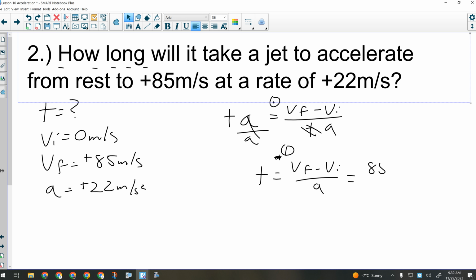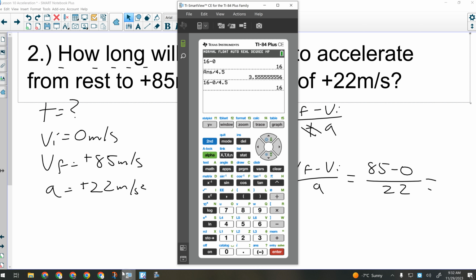So that would be 85 minus 0 divided by 22. Whoops, I missed the divide sign. Do I really have to put 85 minus 0? Did I just put 85? Yeah.